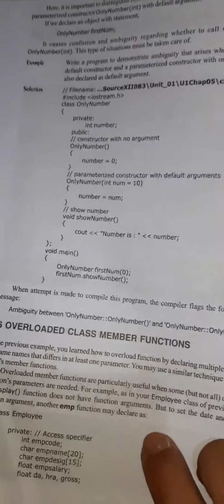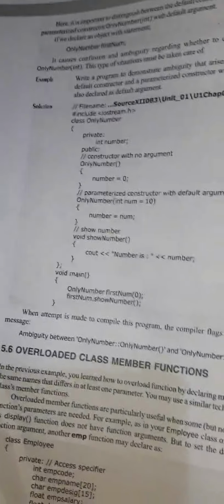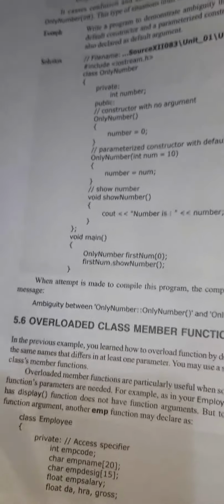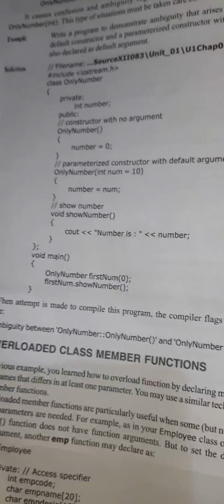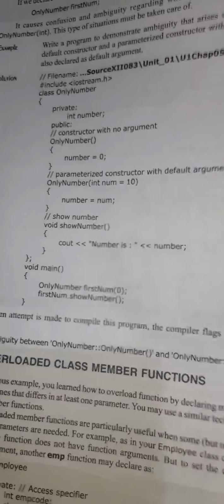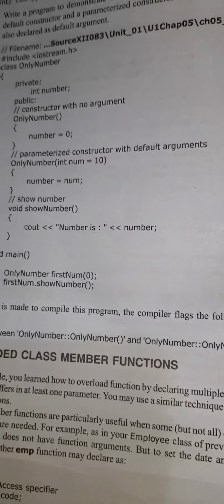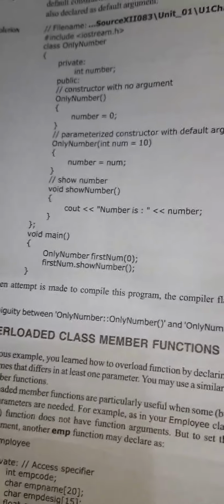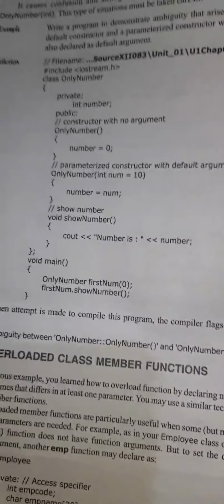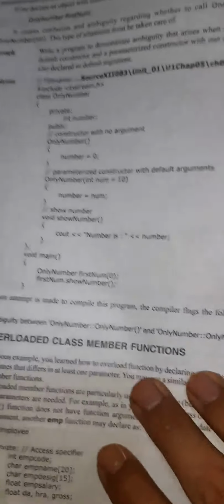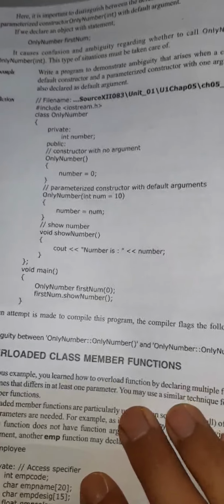Now, overloaded class member functions. We have already seen function overloading, under parameterized constructor and copy constructor also we have seen this overloading. Same as function overloading, there is also constructor overloading. Now we're talking about overloading of class member functions.